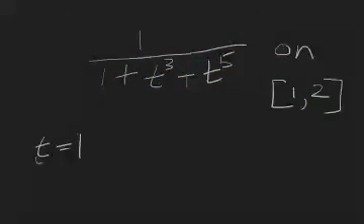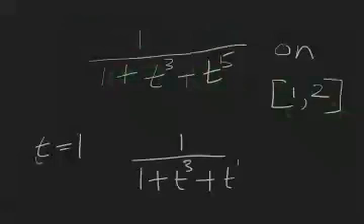So we can find the maximum value of that function by plugging 1 into this function: 1 over 1 plus t cubed plus t to the 5 is less than or equal to the maximum, and the function has the maximum value at 1.